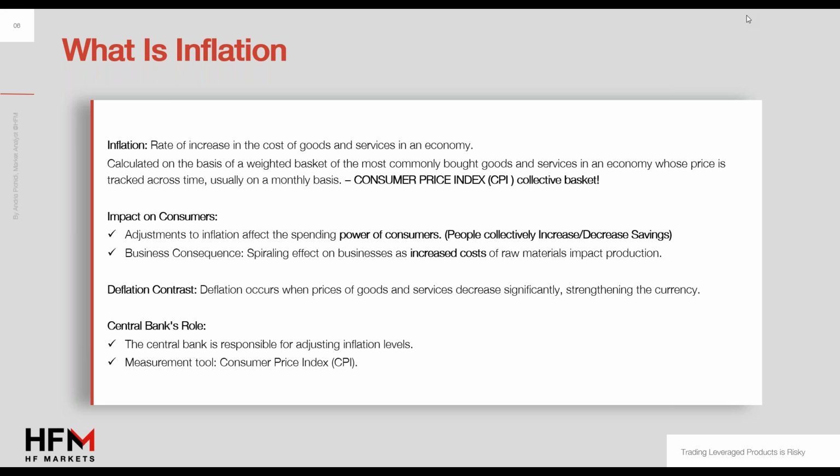Now, how does inflation affect exchange rates? As we mentioned earlier, there was a question from Centric.